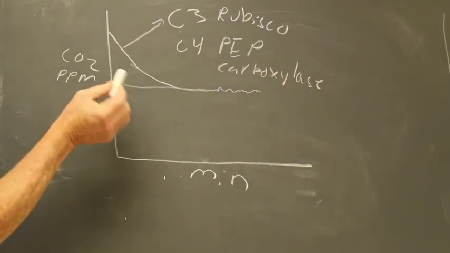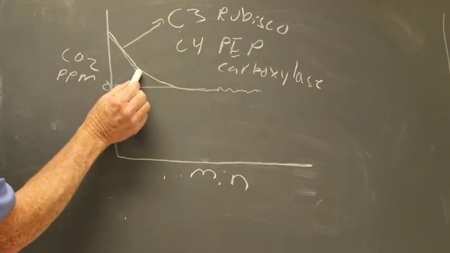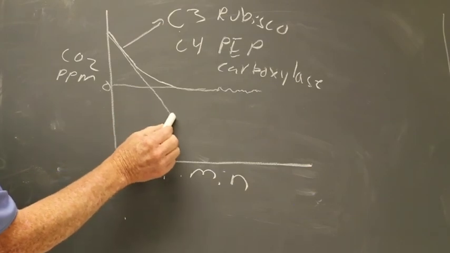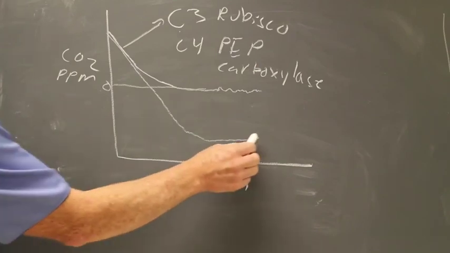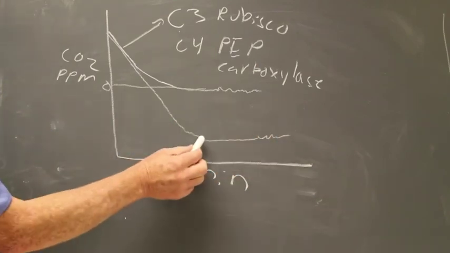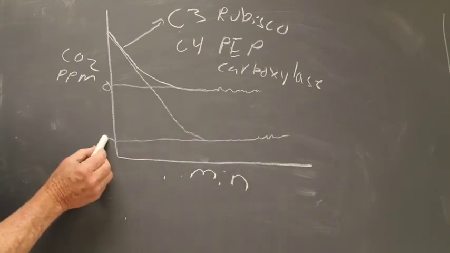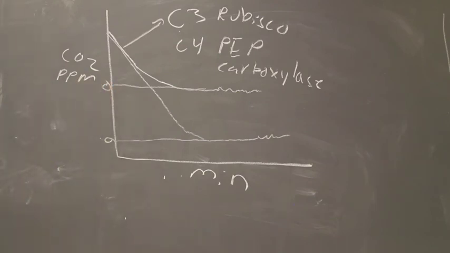And if PEP carboxylase does better in low CO2, our photosynthesis should stay the same and should actually keep going at the same rate until CO2 itself becomes the limiting factor. And then we would have the same situation occur with respiration in the background. Thus, in a C4 plant, we would expect this leveling off to occur at a lower CO2 level than in a C3 plant. And that's what this experiment is going to be about.